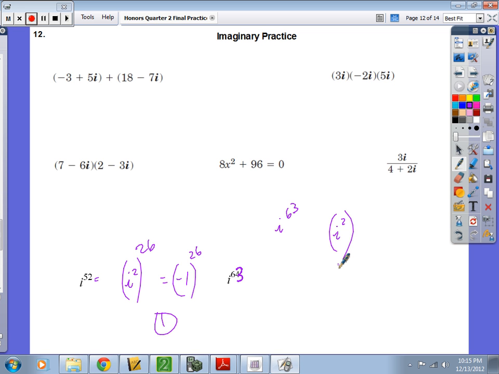There's going to be 31 of them. 31 squares takes me to 62, but there's really 63 of them, so I need to add my own at the end. Now i squared, so it's going to be i times a -1 31 times. A -1 31 times is going to be a -1, and a -1 times i is going to be a -i.